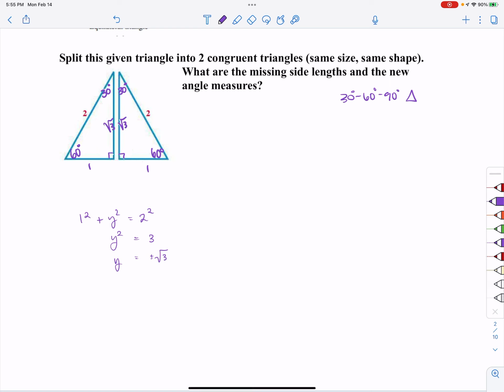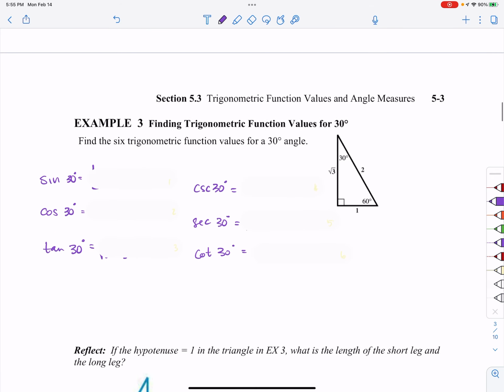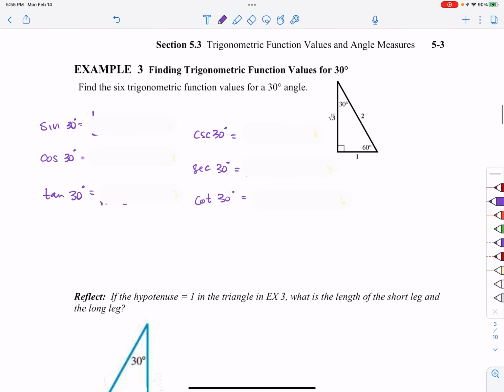Okay, so then what if I take this and ask you to find the 6 trig values for a 30-degree angle. I'm focusing on only the 30-degree angle.